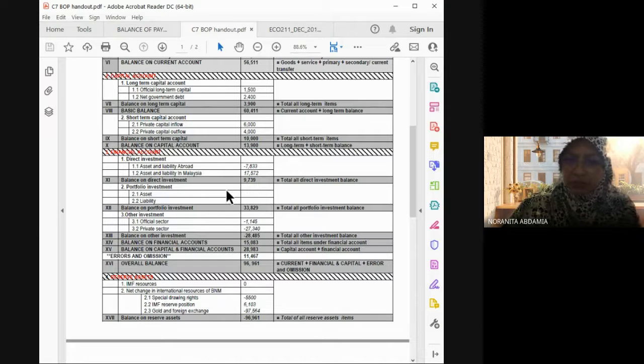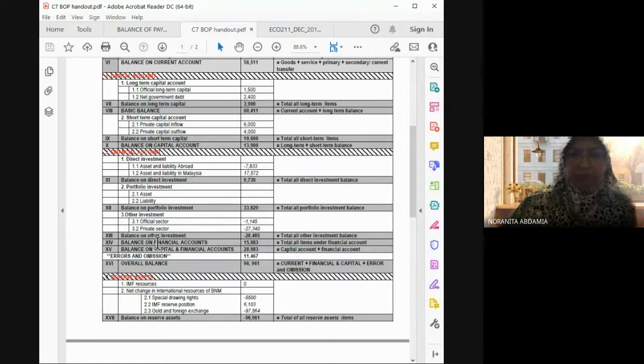On direct investment, just total up all the direct investment items, and the same for portfolio and other investment, you total all the balances. After that, the balance on the financial account means you just refer to these three only. Then the balance on the financial and the capital account: you have to combine capital and financial, so of course plus capital and financial. Okay, right.